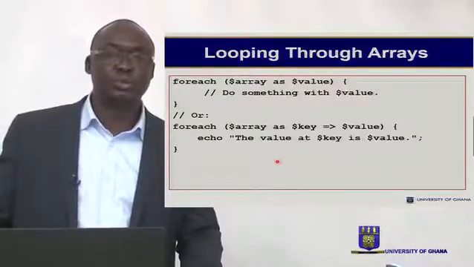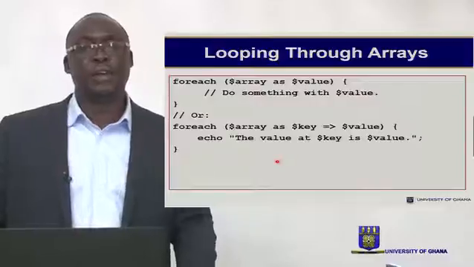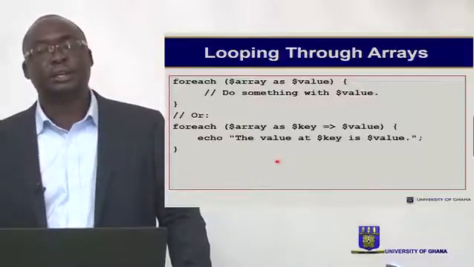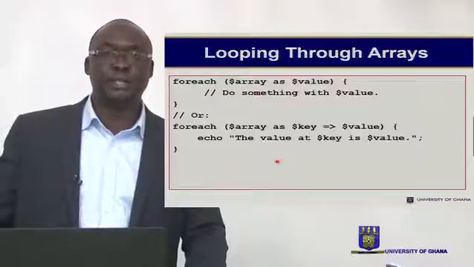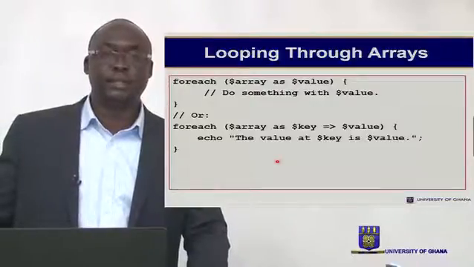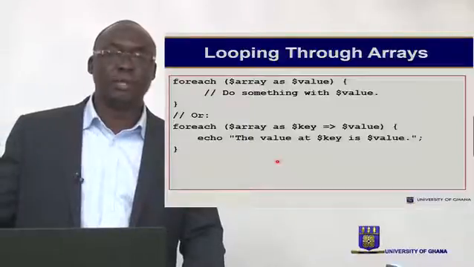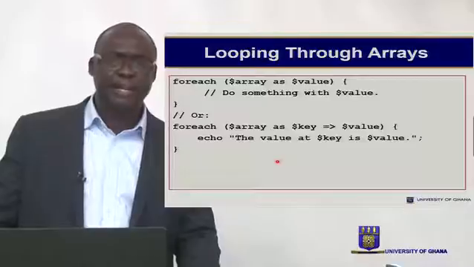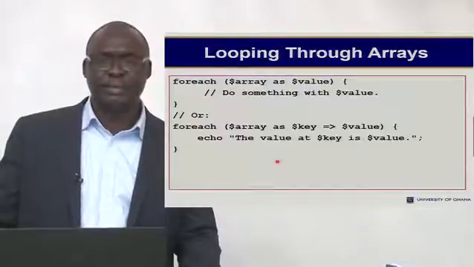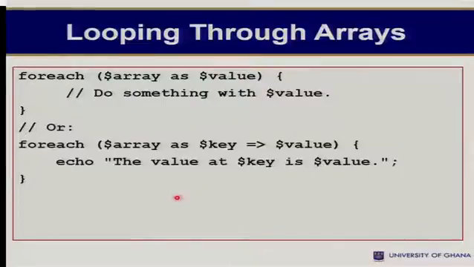We can also use foreach array as key, then value. So this would also be able to access the key and the value at the same time. The first one, we are just interested in the value. The second one, we are interested in the key value pair. We are interested in the key, at the same time, we are interested in the value.